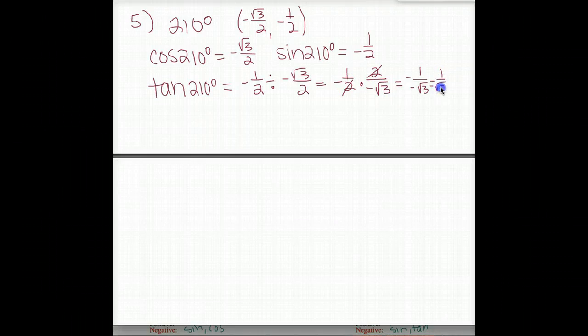So positive 1 over radical 3, which needs rationalized. And so I get radical 3 over 3 for my tangent. Already had my sine and my cosine. So that's what we'd be doing there. Number 6 would be the exact same thing as what I just did in number 5.